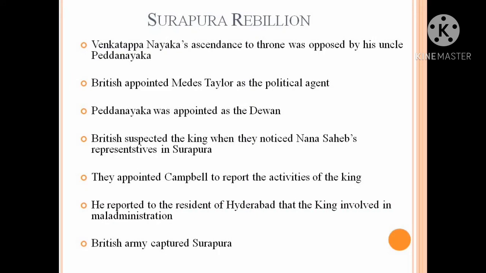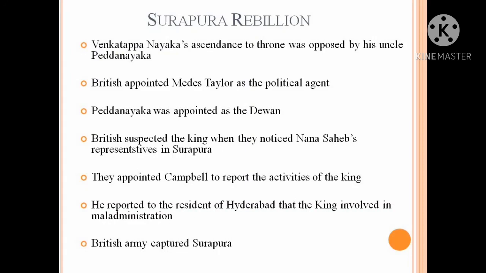And here another development took place. The British always kept one officer there, and suddenly what happened? The British suspected the king, Venkatappa Nayaka, when they noticed Nana Sahib's representatives in Surapura. At that time Nana Sahib was planning for the Sepoy Mutiny, or the first war of Indian independence.